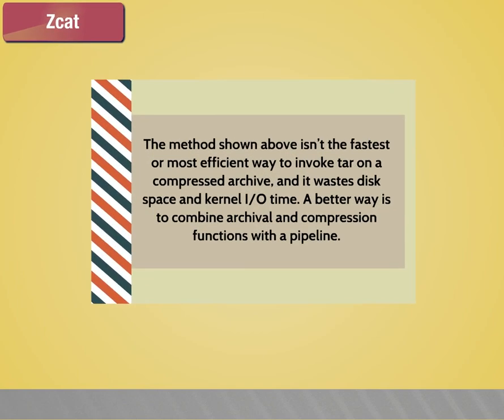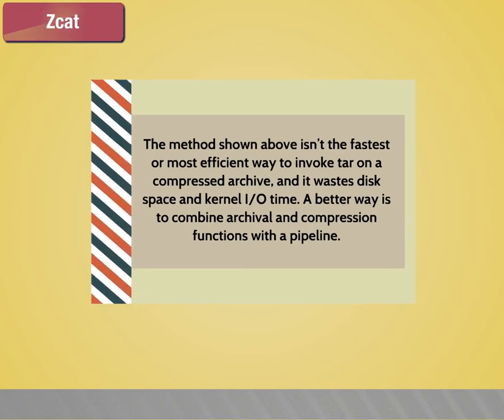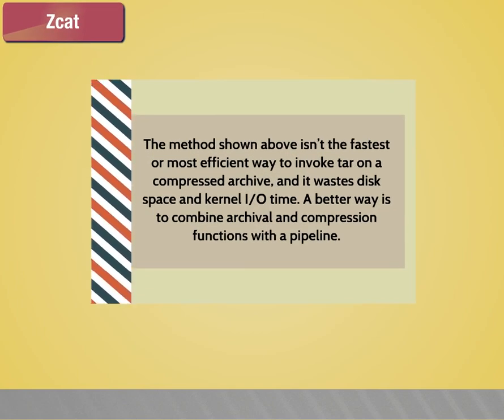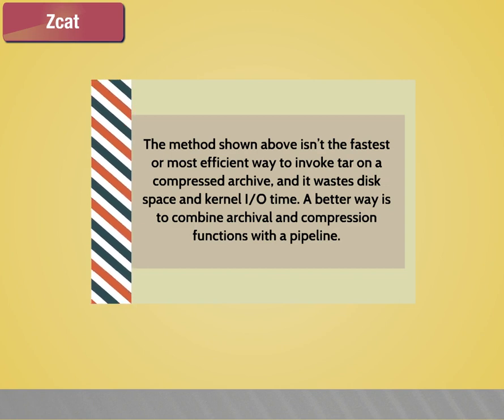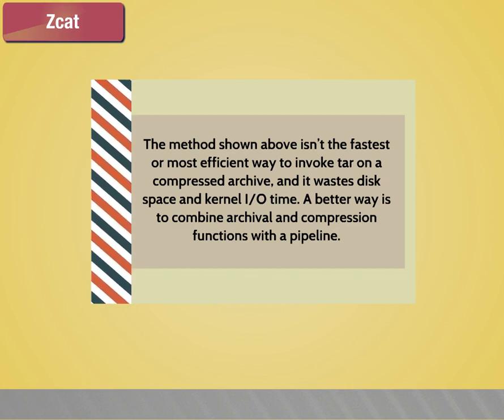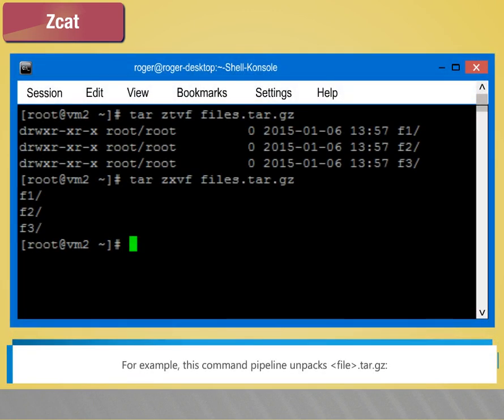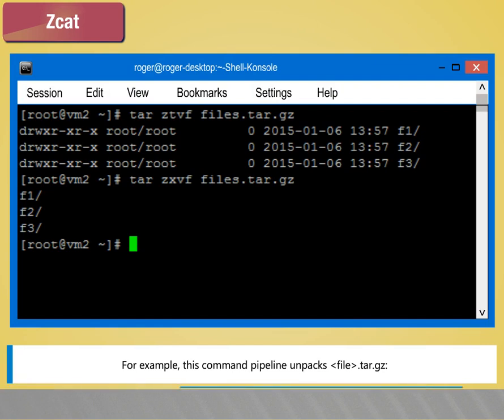Zcat. The method shown above is not the fastest or most efficient way to invoke tar on a compressed archive, and it wastes disk space and kernel input/output time. A better way is to combine archival and compression functions with a pipeline. For example, this command pipeline unpacks file.tar.gz.